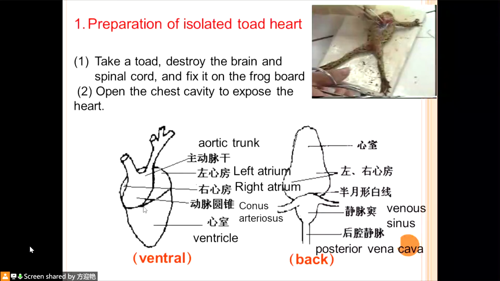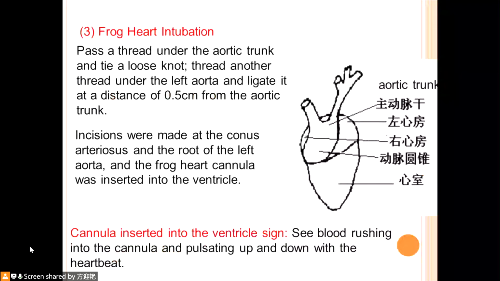And here we should isolate the heart from the body, so first we do the full heart intubation.